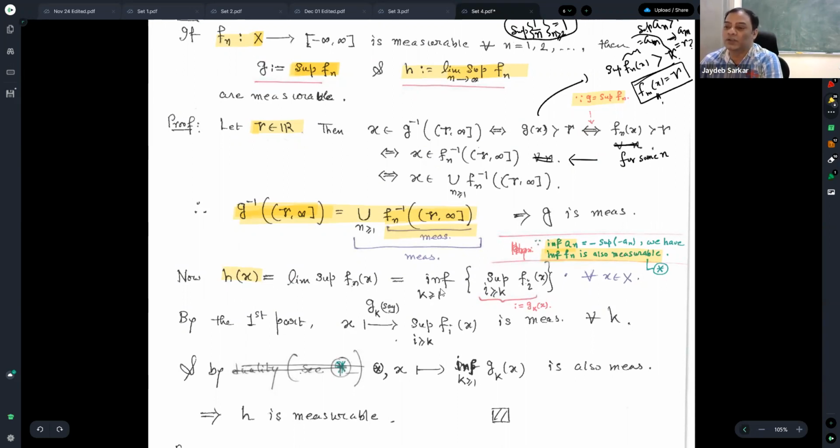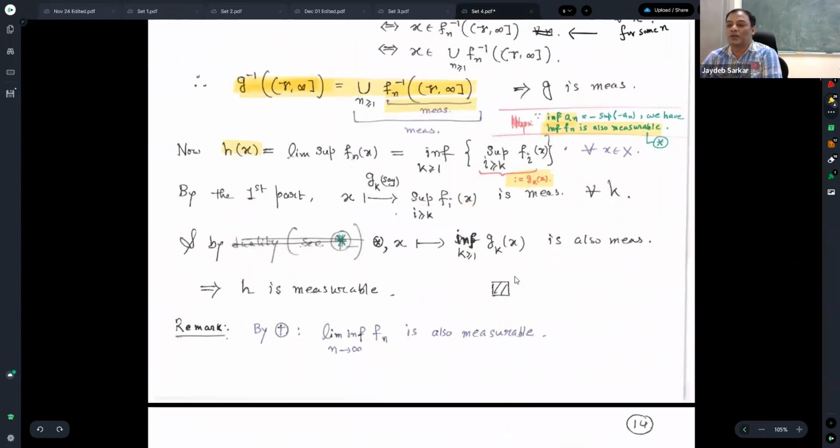So call these g_k(x), the supremum of a sequence. By part one, this is measurable, and then the infimum is also measurable, and hence the lim sup is measurable. That proves the second part, right?